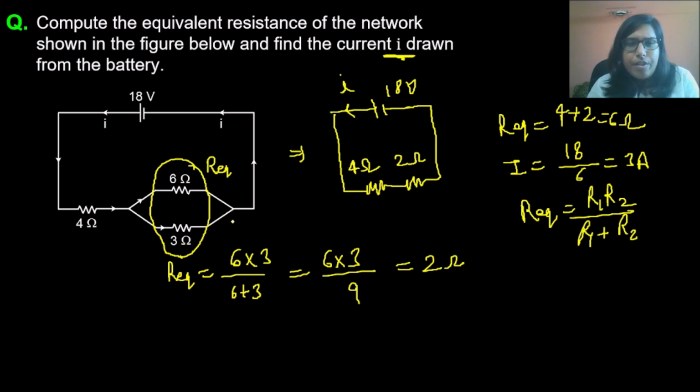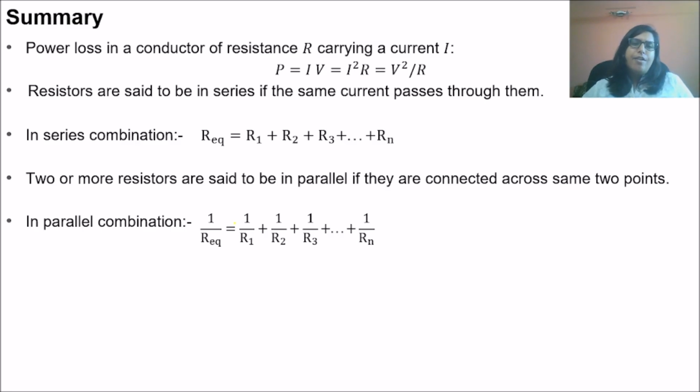So in this lecture we have covered the power formula: I into V equals I square into R equals V square upon R, and series combination resistance R1 plus R2 plus R3 and so on.